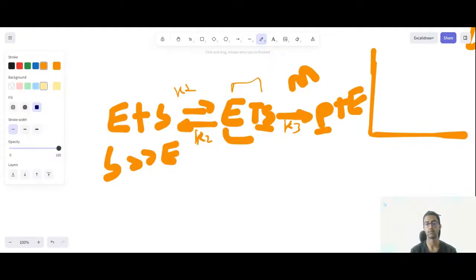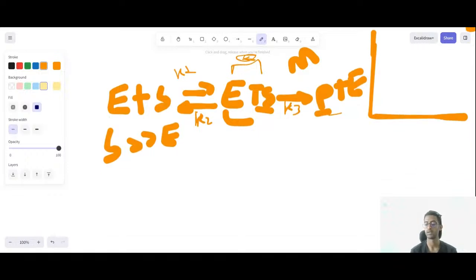Before reaching this, there is a state that is attained, and this is called the enzyme-substrate complex. The reactants release the product and regenerate the free enzyme, so they can also go back.